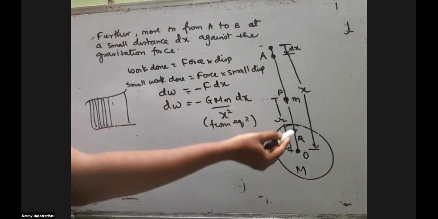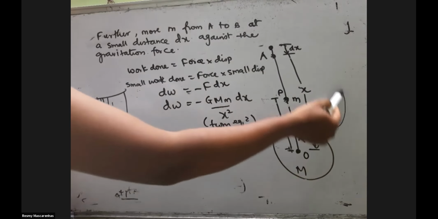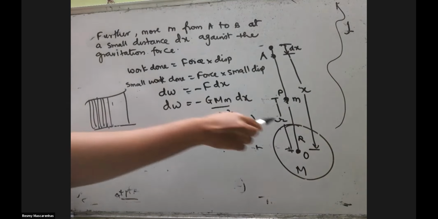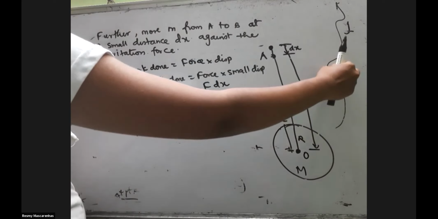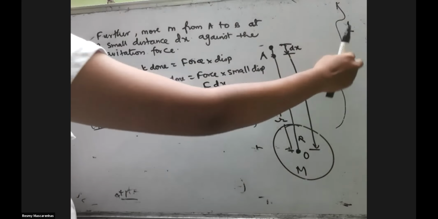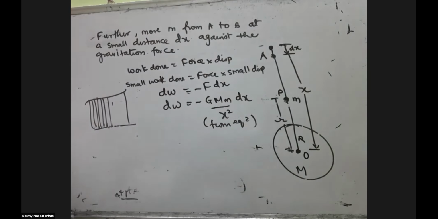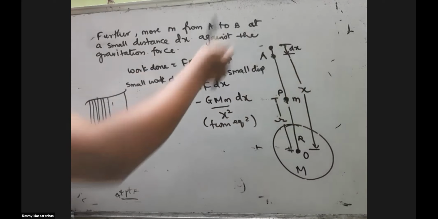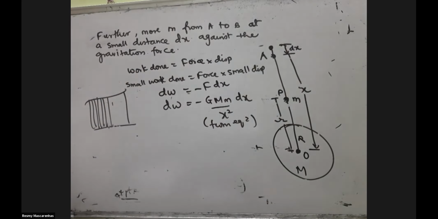I've drawn the diagram as a straight line, but while taking it you could go like this, like this. We directly cannot calculate. So this dx is always divided into strips from starting till the end, and then all those small values are integrated, added. Like small work done, small work done, and the final total work will be the sum of all the small works.